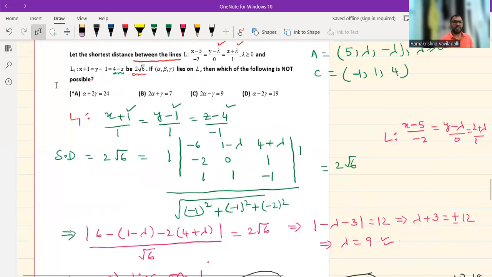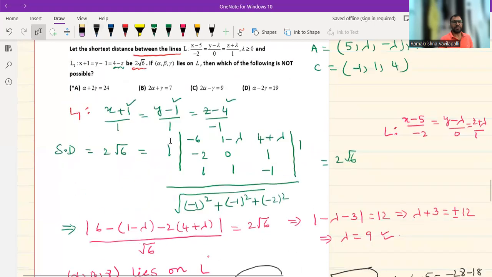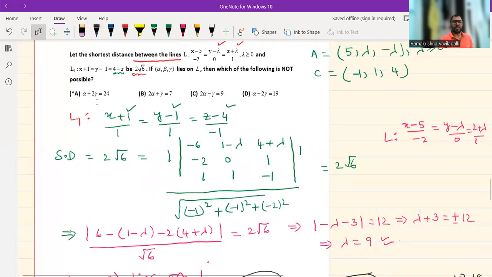Which of the following is not possible? Alpha plus 2 gamma. Here alpha equal to 5 and gamma equal to minus 9. So alpha equal to 5, gamma equal to minus 9 is not satisfying, and remaining all are satisfying. So here I am writing alpha equal to 5. We got beta equal to 9 and gamma equal to minus 9.